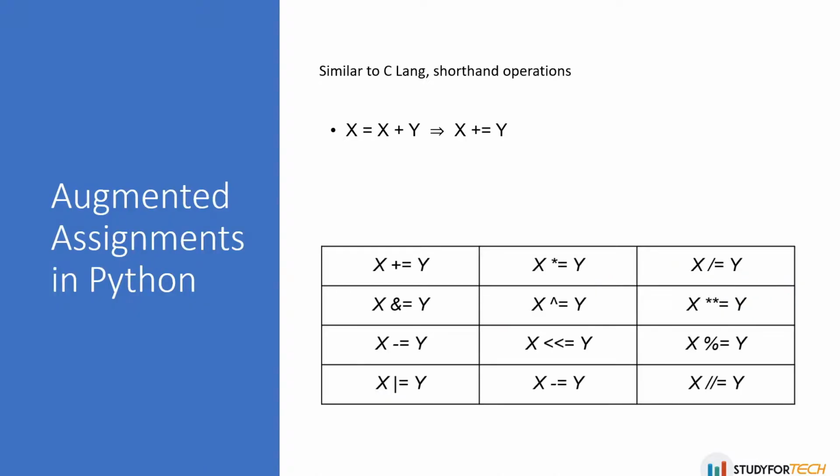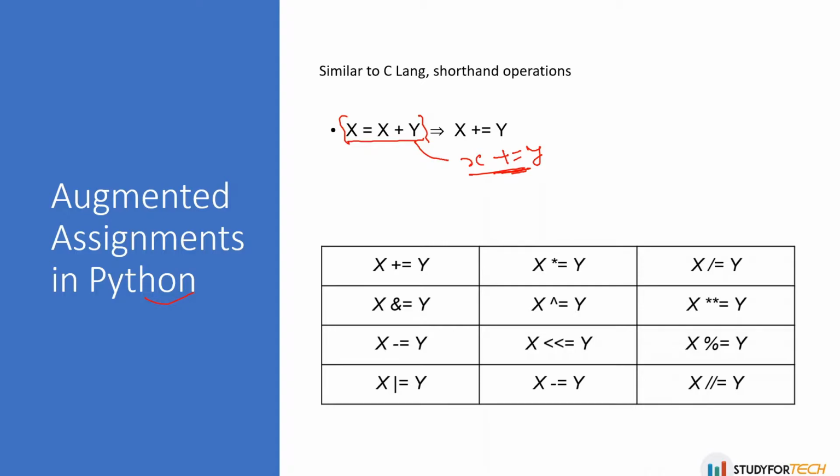So what is augmented assignment in Python? Let's first of all see theoretically what this is, then we'll see the demo. When we say x equal to x plus y, this is the normal form. The same thing can be written like that, x plus equal to y. This is the augmented assignment, and it has really important significance.